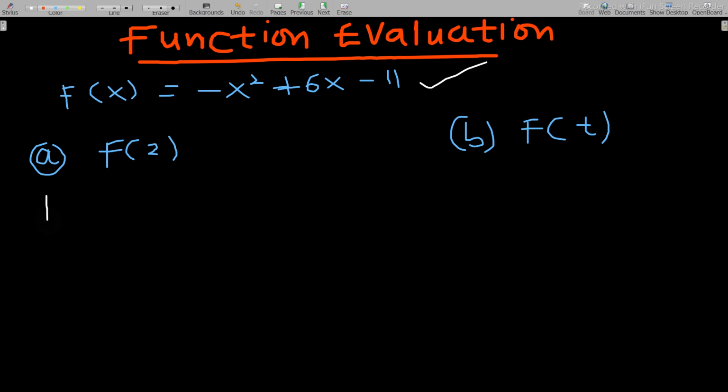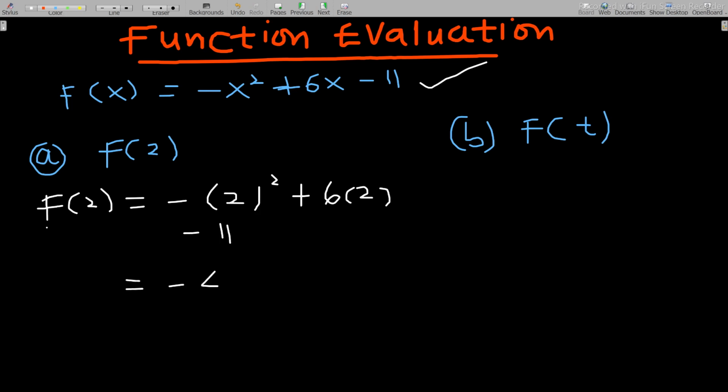So f of 2 would be equal to negative 2 squared plus 6 times 2, then minus 11. This will give me negative 4 plus 12 minus 11. If you compute this, negative 4 minus 11 gives negative 15, then plus 12 gives negative 3.